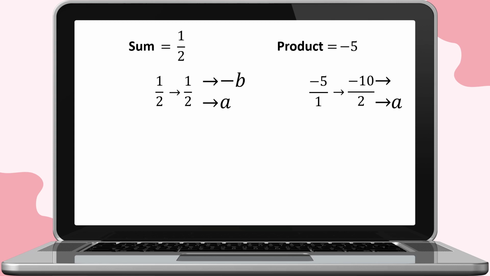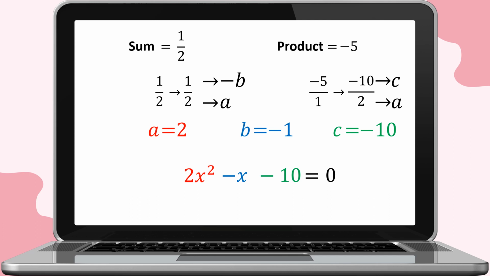And the numerator of our product will be our C. A is equal to +2. B is equal to -1. And C is equal to -10. So our equation is 2x squared minus x minus 10 equals 0.